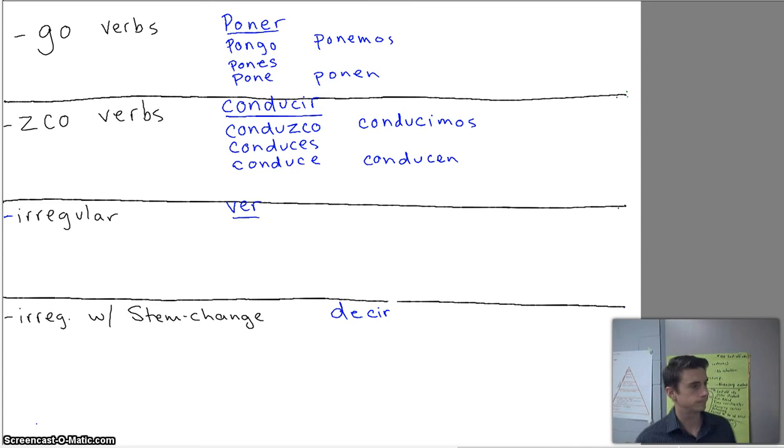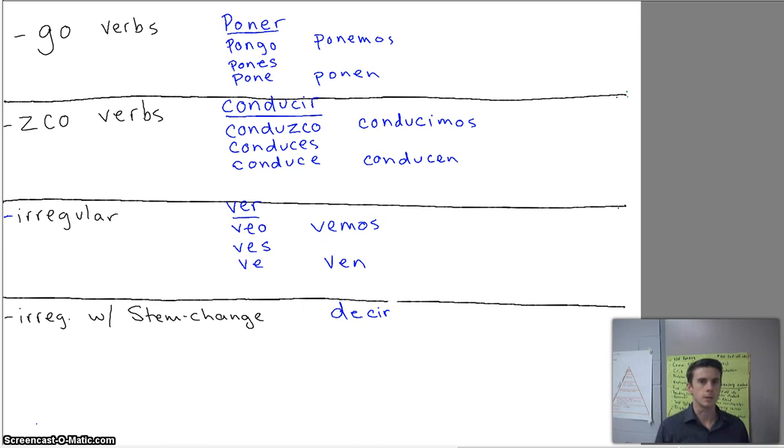Now, ver is somewhat irregular also because there really aren't enough letters in it to have a normal conjugation. Our yo form is veo, tú form ves, and so on. Ve, vemos, and ven.